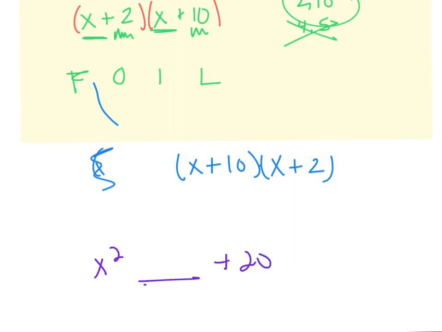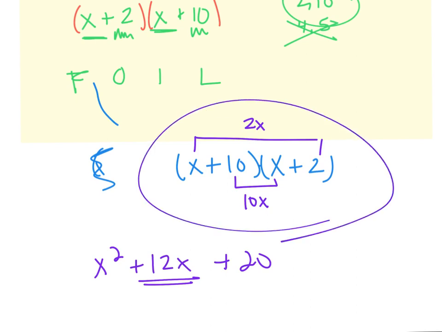So how are we getting that 12 in the middle? You're going to say, all right, I know that x times 2 is 2x, and I know that 10 times x is 10x, and 2x plus 10x is that 12x. So that's how you're going to show that you checked right here. And I'll show you that again on the next page.